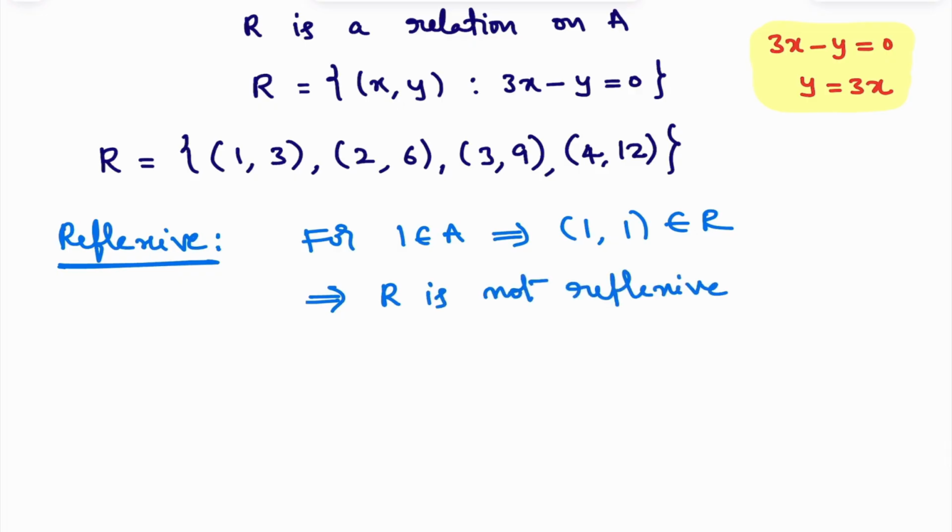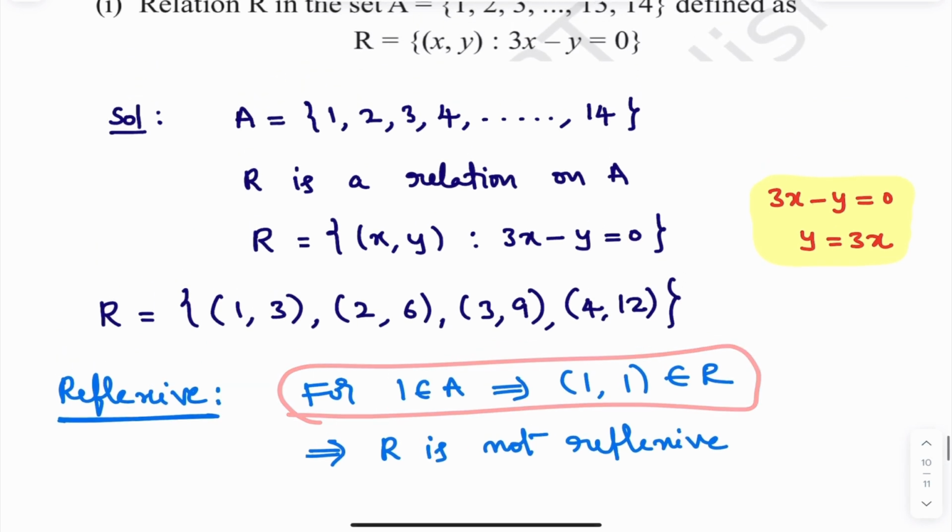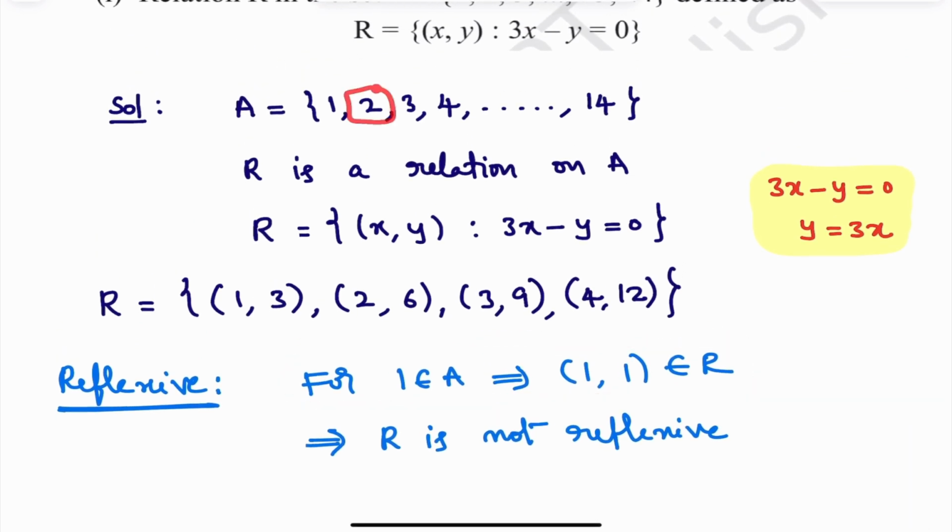In this particular example, it is not compulsory to write like this. You see, in this set, 2 is there. Ordered pair 2 comma 2 is also not there. So you can write like this also: 2 is in set A implies 2 comma 2 does not belong to the relation. Therefore, this relation is not reflexive. You can write like that also.